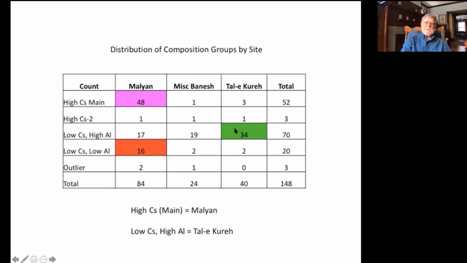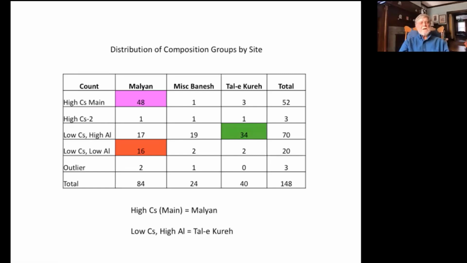So Tol-e Malian is making pottery. They're distributing it to the miscellaneous Banesh sites, and some of it is going to Malian, but not very much. So this is in total about 20% of the pottery that's showing up at Malian that we tested is coming from Tol-e Malian or the area around Tol-e Malian.